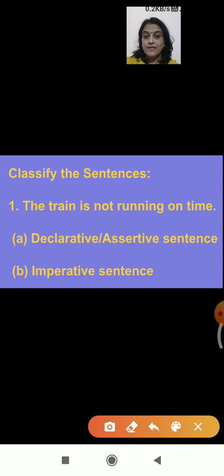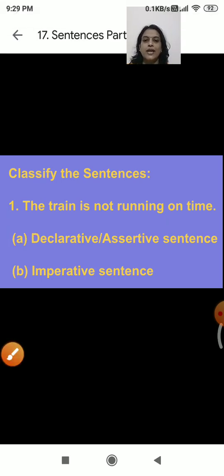So what is a declarative sentence then? It gives some information. So what do you think? Which one is the right answer? Yes, the first one, that is the declarative or assertive sentence. Right? So the first one is our answer. Followed?